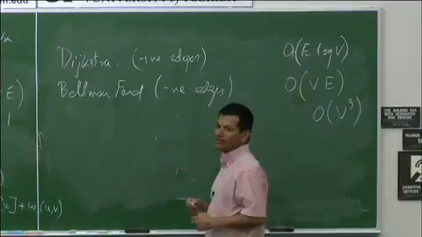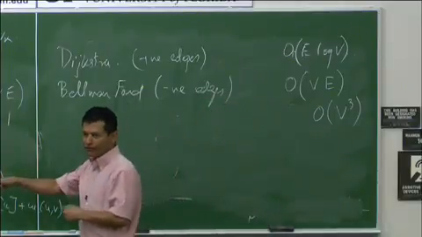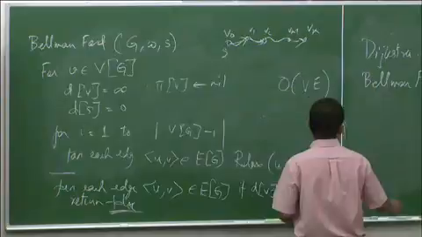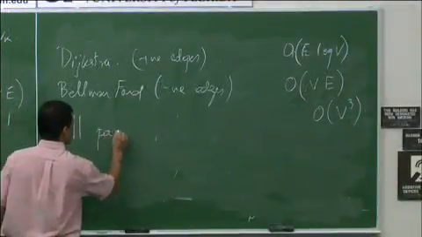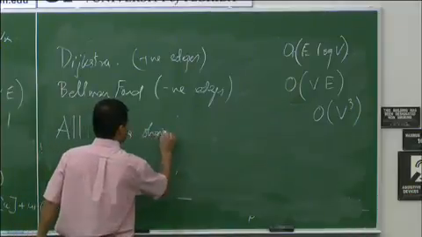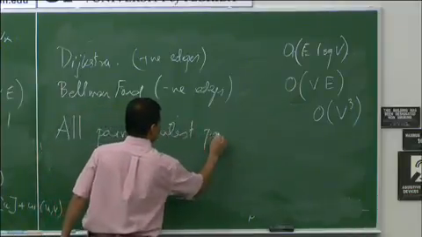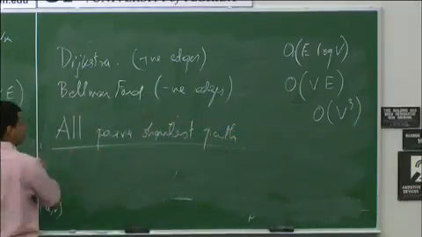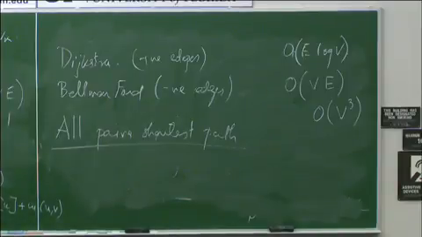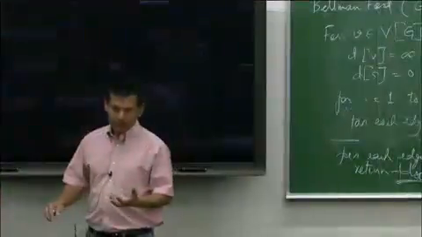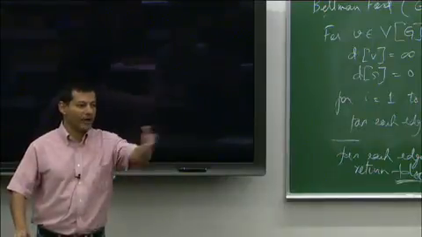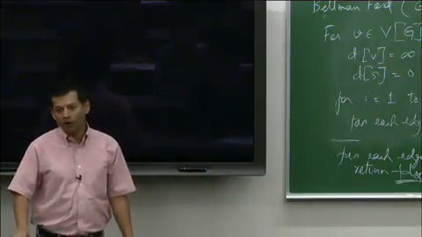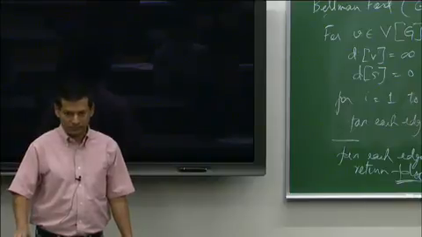So, now that we have done single source shortest path, if we were to take on the problem of all pairs shortest path, in fact, the Google map is not a single source shortest path problem, because Google map goes about storing all pair shortest paths.